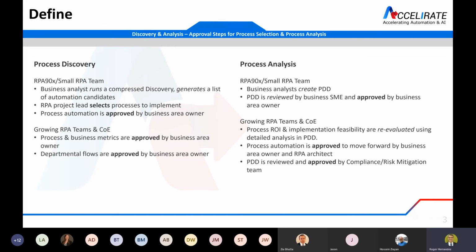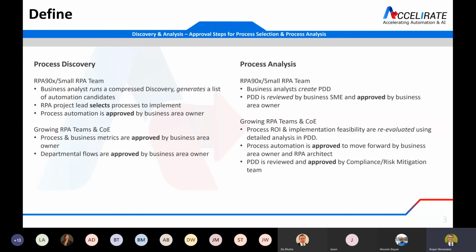So a normal flow would be a business analyst does discovery, generates a list of candidates. The RPA project lead or potentially the business lead selects which processes to implement. And the approval step is the business area owner saying, yes, I agree with those, or no, I'd like to change this for something else.